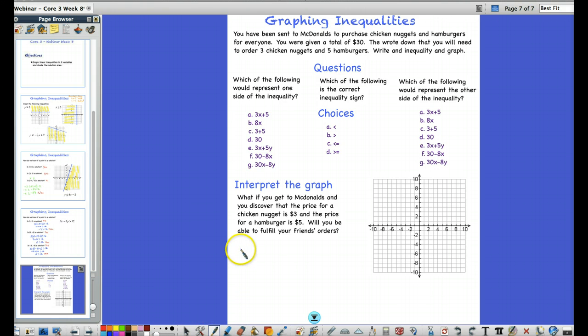So whatever they cost, 3 times whatever the cost is, so we'll call that X, would give us how much we had to spend to get chicken nuggets, right? Like if they were $10 a piece, we'd have to spend $30, right? But we also have to buy 5 hamburgers, so we have to add that to 5 hamburgers. Do we know how much the hamburgers cost? No, we do not.